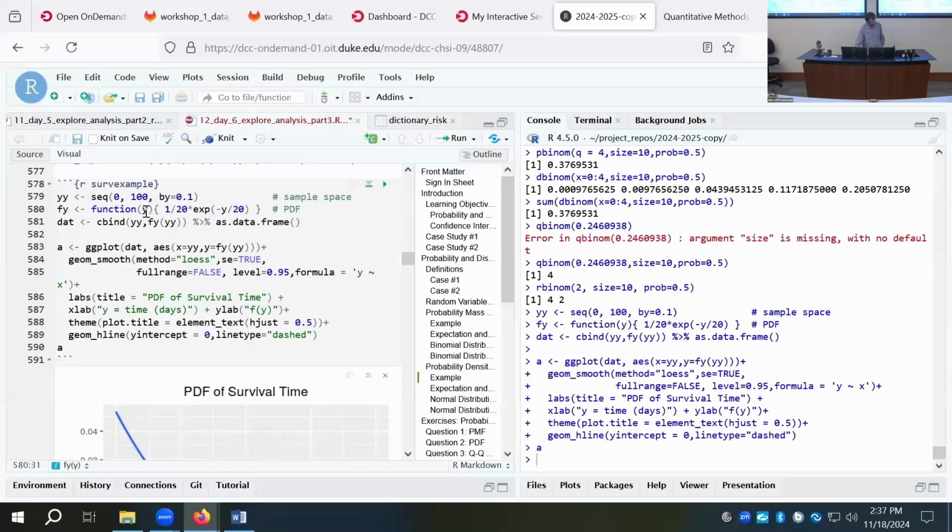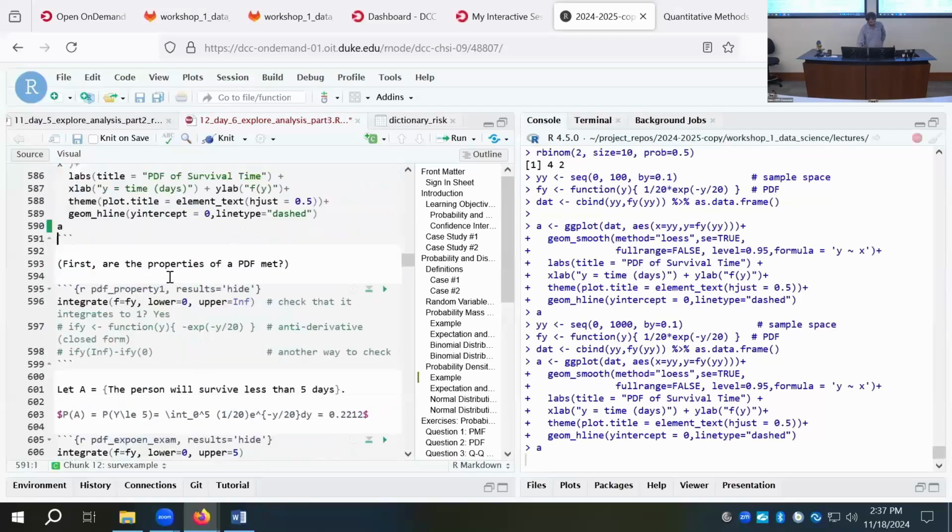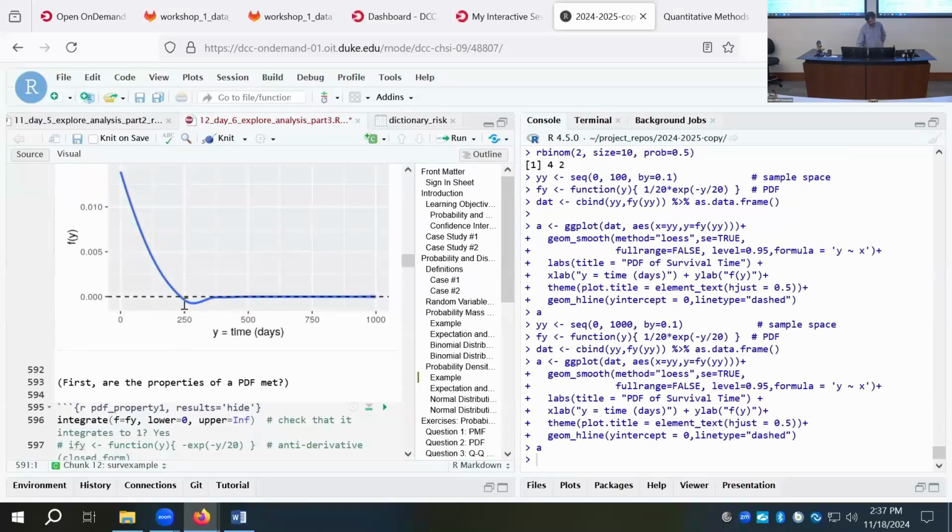And if we extended this out further, to 1,000, there's some weird computational thing going on here. I don't know what that is. That shouldn't be happening. But you can see it's basically 0 after a certain point.